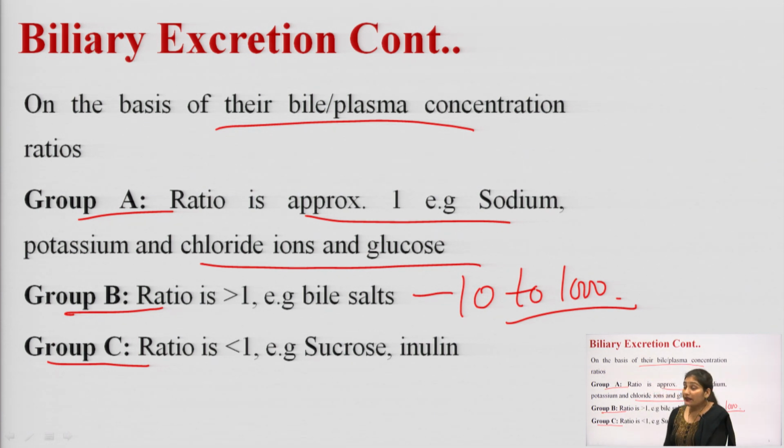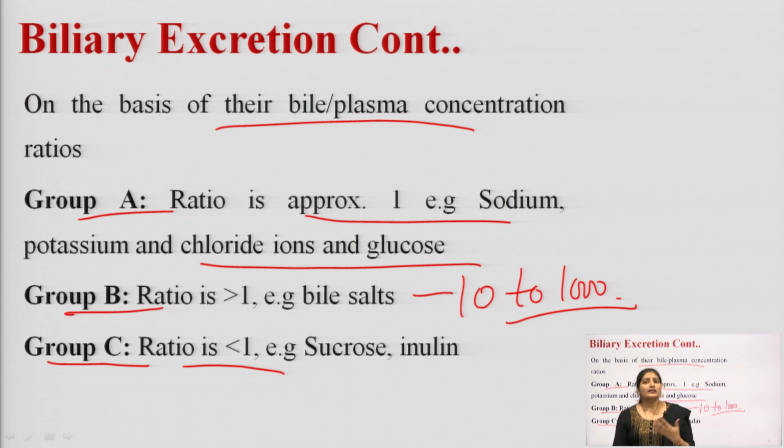The third category is group C, in which the bile to plasma drug concentration ratio is less than 1. For example, sucrose, inulin, phosphatase, phospholipids and certain mucoproteins. So, these are the 3 different categories in which we categorize the drugs on the basis of their bile to plasma drug concentration ratios.